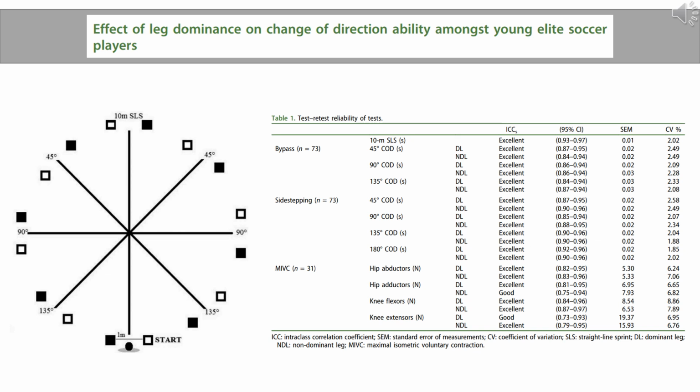You can see all of these values are well under 5%, showing very, very good consistency in the time taken to perform all of these different changes of direction on both dominant and non-dominant limbs, whether you're performing a bypass or a specific sidestep cutting action.